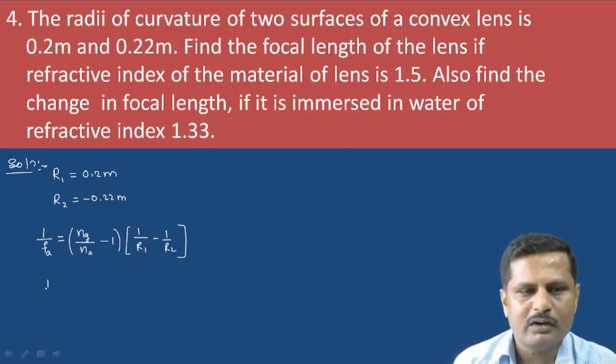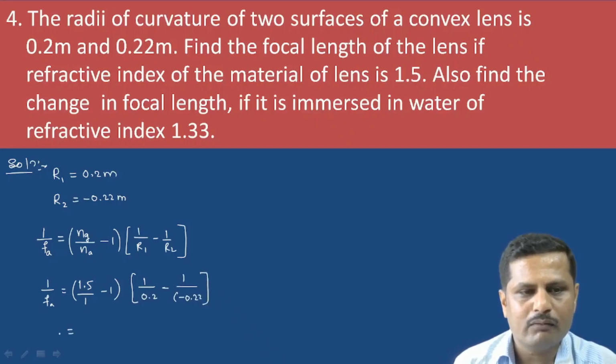Now let me find the focal length of the lens when it is in the air. 1 by Fa equals Ng, that is the refractive index of the glass, 1.5, divided by the refractive index of the air, 1, minus 1, of 1 divided by R1. Here R1 is 0.2, minus 1 divided by R2, which is minus 0.22.